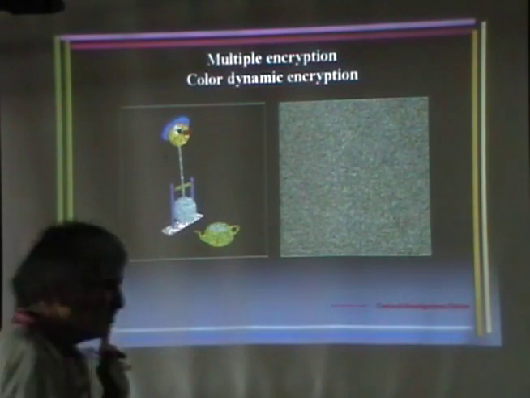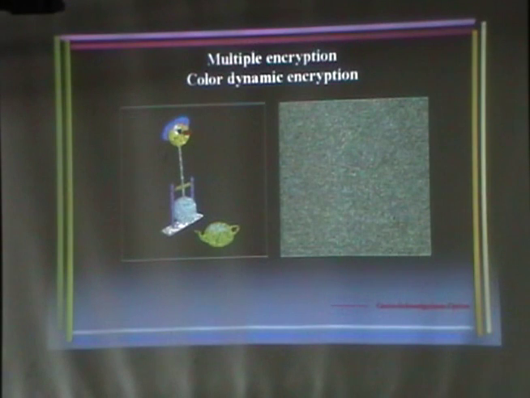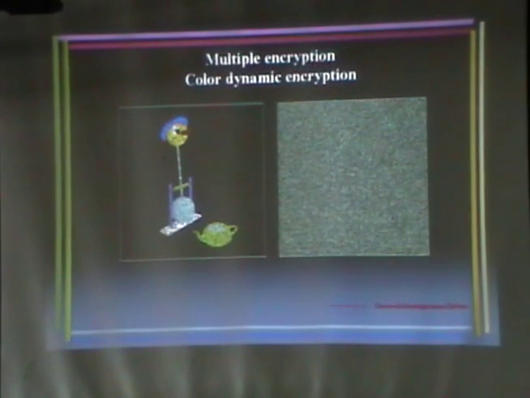Now, the key point is the extent of your movie. How many frames you can encrypt and decrypt. This is what we are working on at this moment. And well, it's rather complex to face this point.